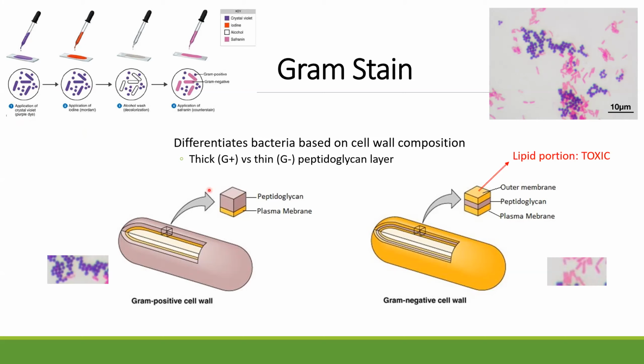Crystal violet is going to attach to this peptidoglycan layer, giving it that purple color. Well, when we look at the cell wall of gram-negative bacteria, you have the plasma membrane, you have the peptidoglycan layer, and then you have this outer membrane, which is called the capsule. And then on top of that, you have LPS, lipopolysaccharide, which is an endotoxin on top of this outer membrane.